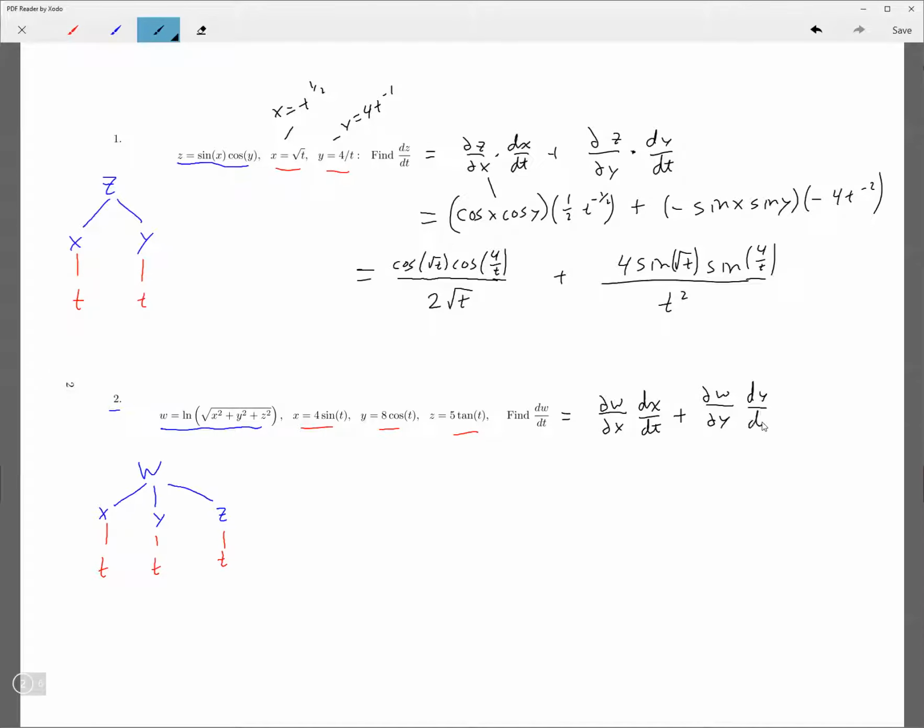Okay, so what is the derivative of w? Let's rewrite this. This is the square root of all this stuff, right? So you can pull a 1/2 out in front. It's x squared plus y squared plus z squared to the 1/2, and the 1/2 comes out in front.